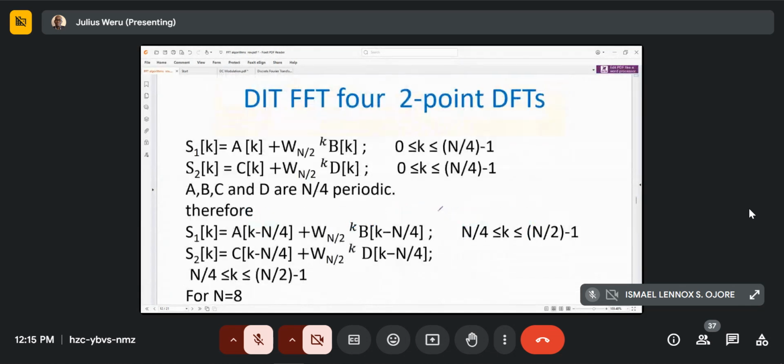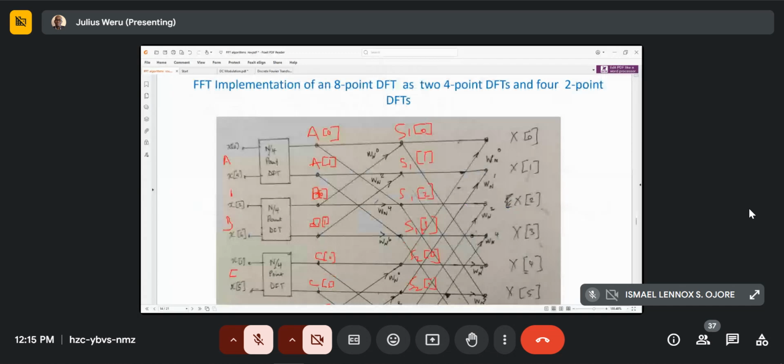So from there, for the four, we have just used A, B, C, D. We have A as one of the n by 4 point DFT, and of course n by 4 is a 2 point DFT. So it has only two inputs, x0 and x4.